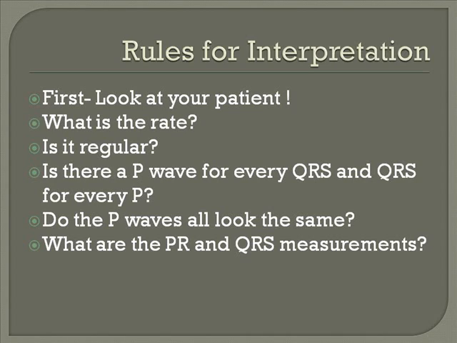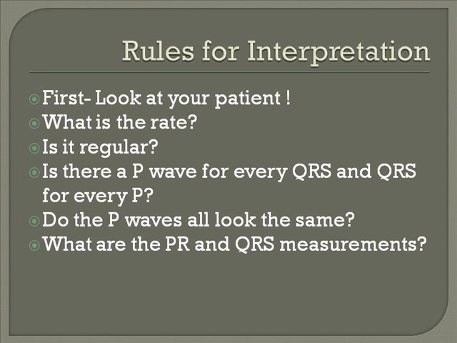Now we look for P waves, see if there was a P wave for all the QRS generated, and that we don't have any QRSs out there by themselves, and we don't have any P waves out there by themselves. If you notice any of that, it tells you something. And then we look at how the P waves actually look themselves. If they are all the same shape, then that tells us they're all coming from the same place.